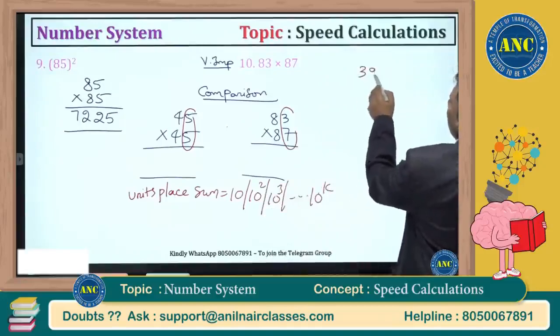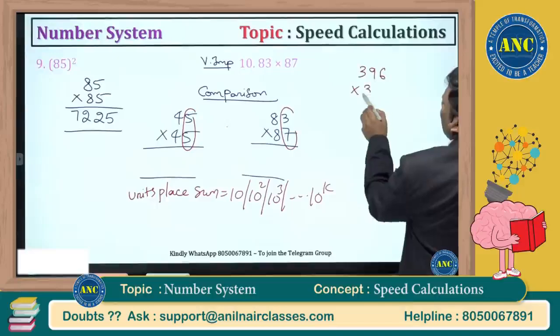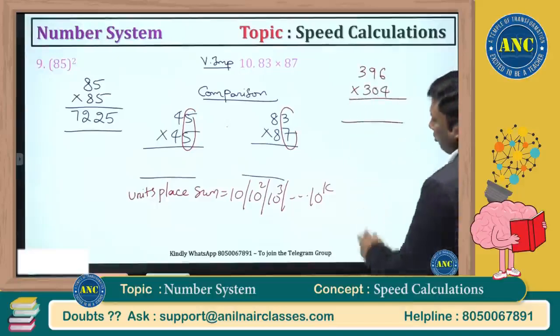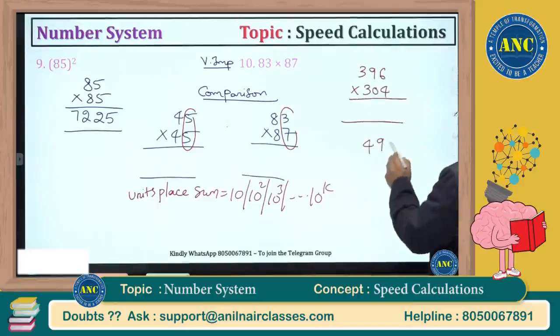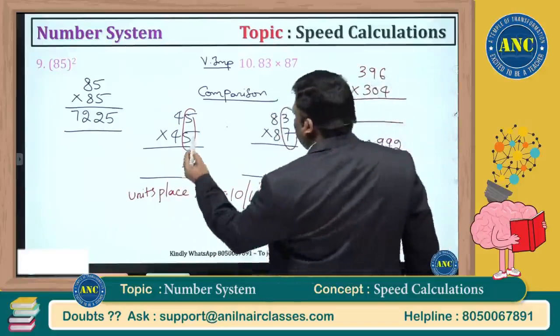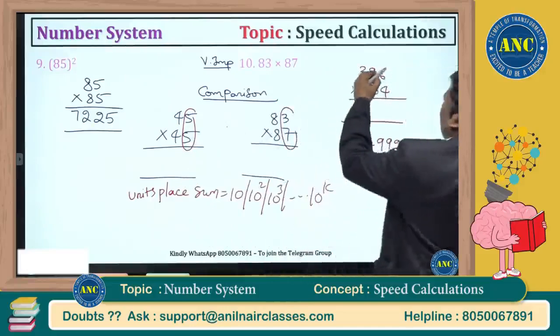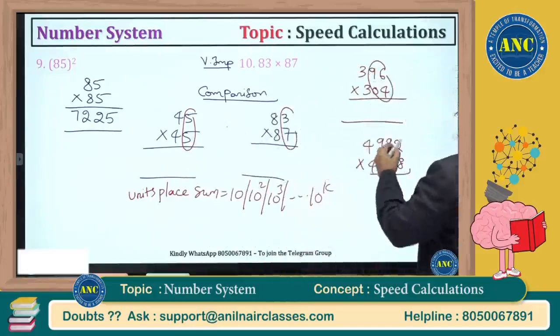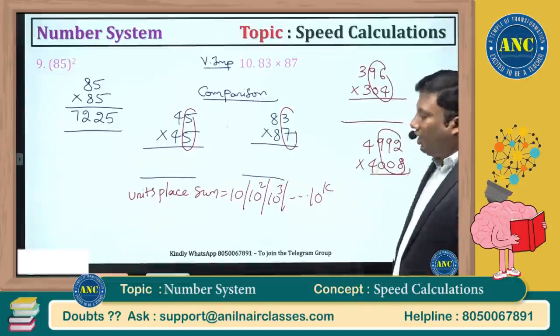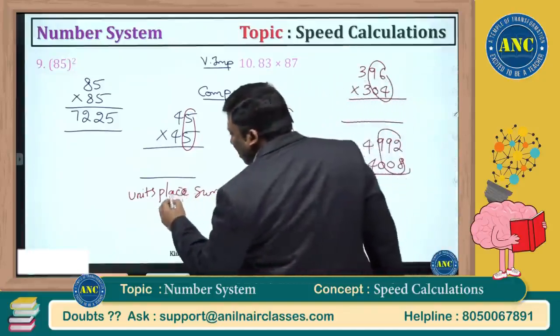You can also use this logic in 396 into 304, and in 4992 into 4008. For these, it could be units digit, 96 plus 4, or 992 plus 8. So what we'll do is generalize it.